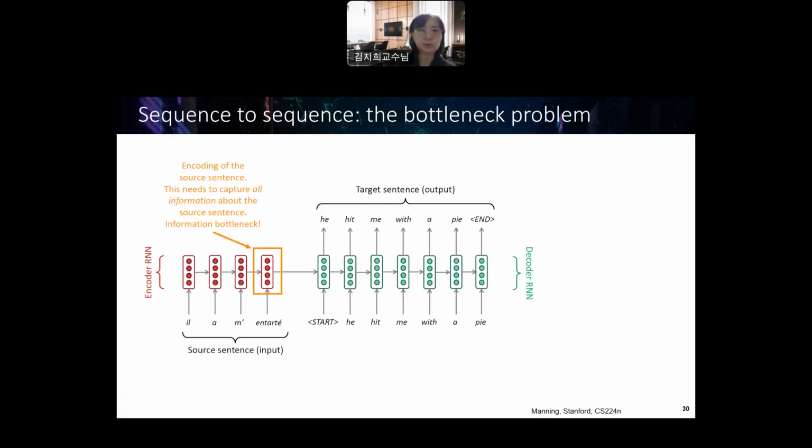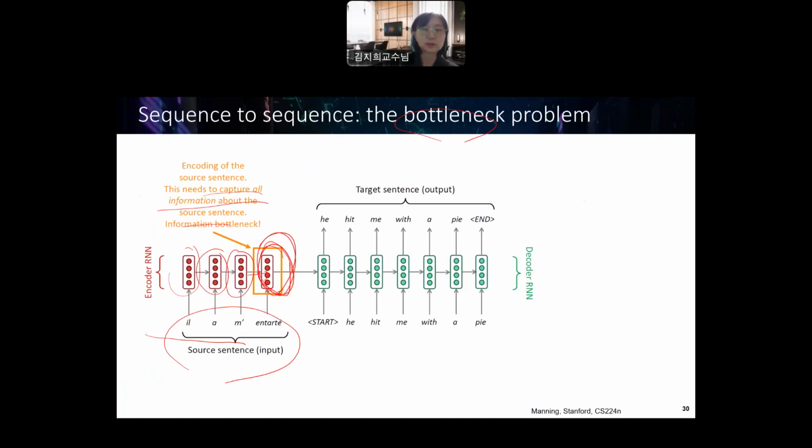There's another issue: remember, there's a bottleneck. All the previous word representations map to this particular hidden state, which captures all the information about the source sentence. If French is the source sentence, all the information should go in here.